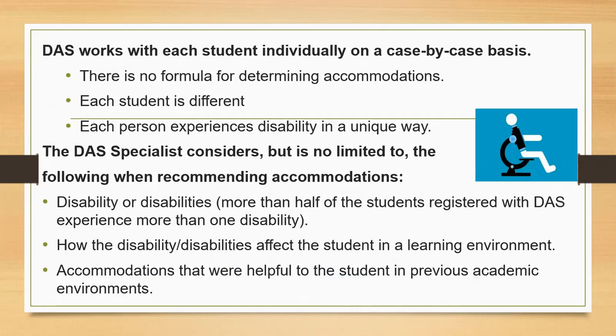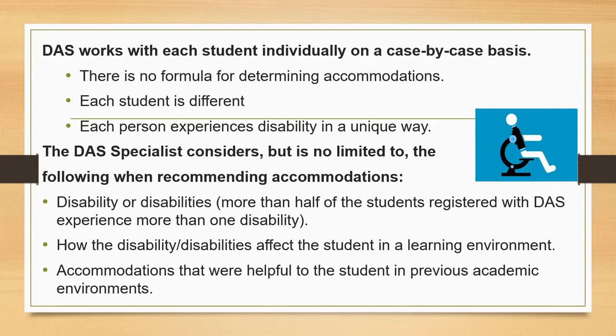Disability Access Services works with each student individually on a case-by-case basis. There is no formula for determining accommodations. Each student is different. Each student experiences their disability differently. If you have two students with ADHD, they're going to have big differences in the way their ADHD affects their learning.